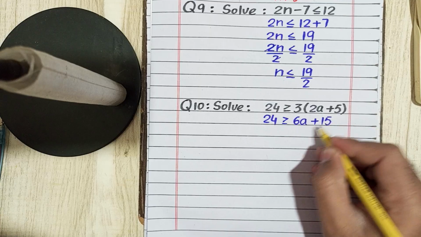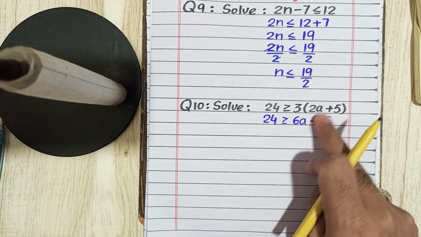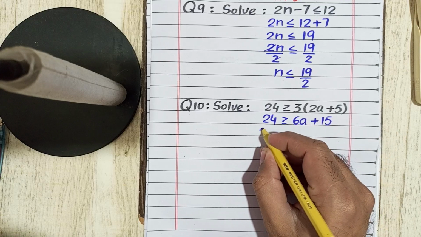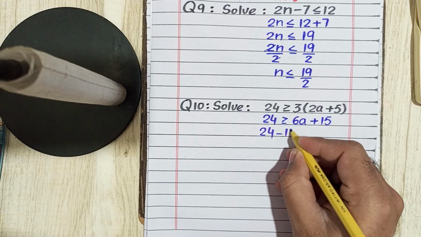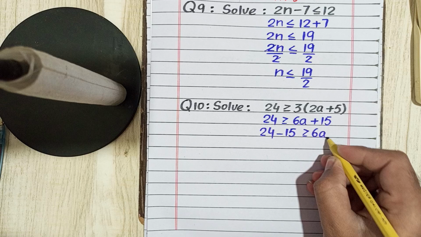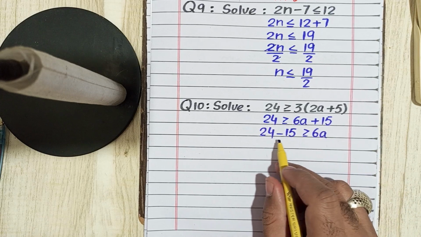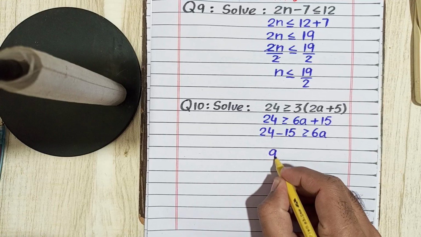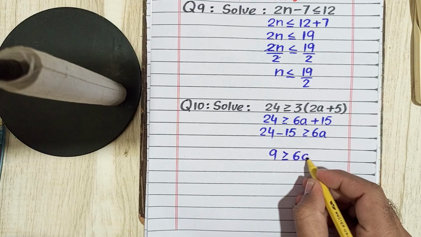So here we have plus 15. Now we move this 15 here, so here we have 24 minus 15 greater than or equal to 6a. If we subtract these two terms then we have 9 greater than or equal to 6a.